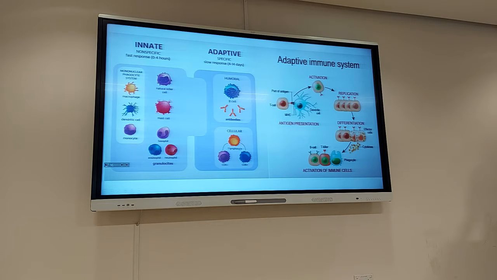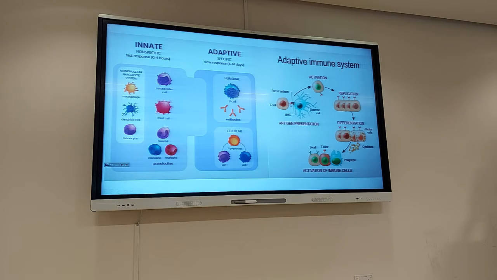How does this work? The T lymphocytes circulate in the system, and they are activated when they recognize dendritic cells, which are antigen presenting cells. It binds to the MHC.